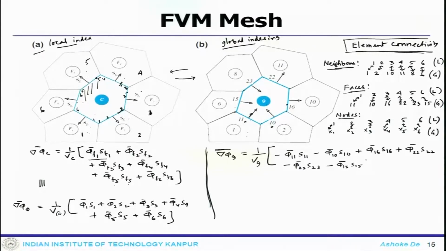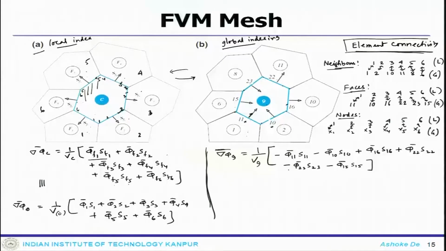So, that is how you do the calculation: with local indexing you do the calculation, and then when you go down to global you require the information of the fluxes.